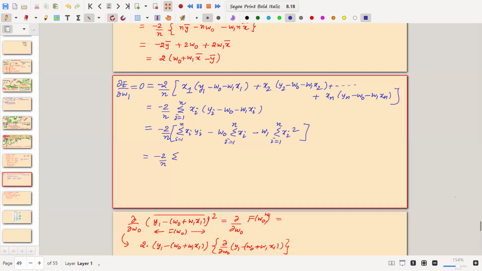Minus 2 by n, summation xi yi, i equal to 1 to n, and this is minus w naught n x bar, fine, minus w1 summation of xi squared. Now there are two terms. What can we do? Can we do something for this term and this term? That is my question to you. Can we simplify it further?